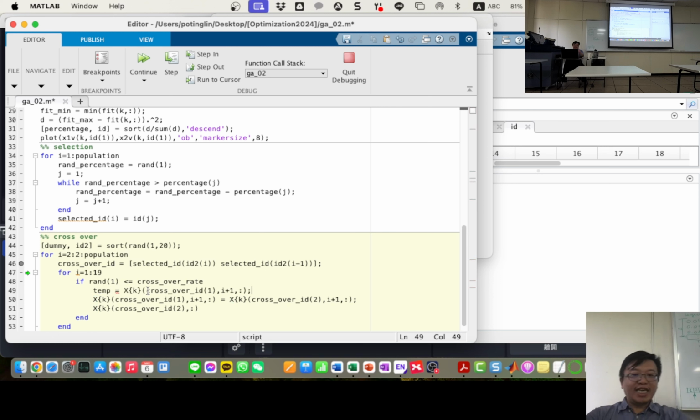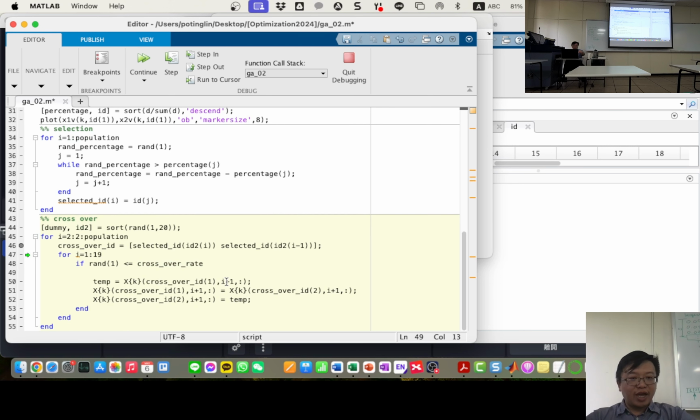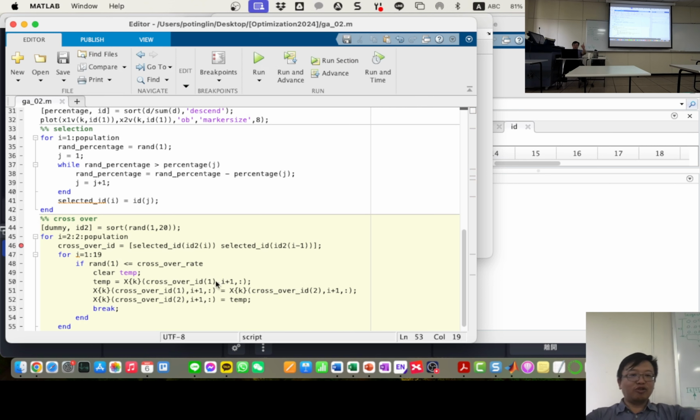We're going to keep it right here inside temp. So the other body, the tail of the other chromosome will equals to temp. Okay? And whenever you jump into this area, you want to clear temp. Just delete whatever you did in the past. And whenever you perform crossover, you are going to break. So you will be out of the for loop.